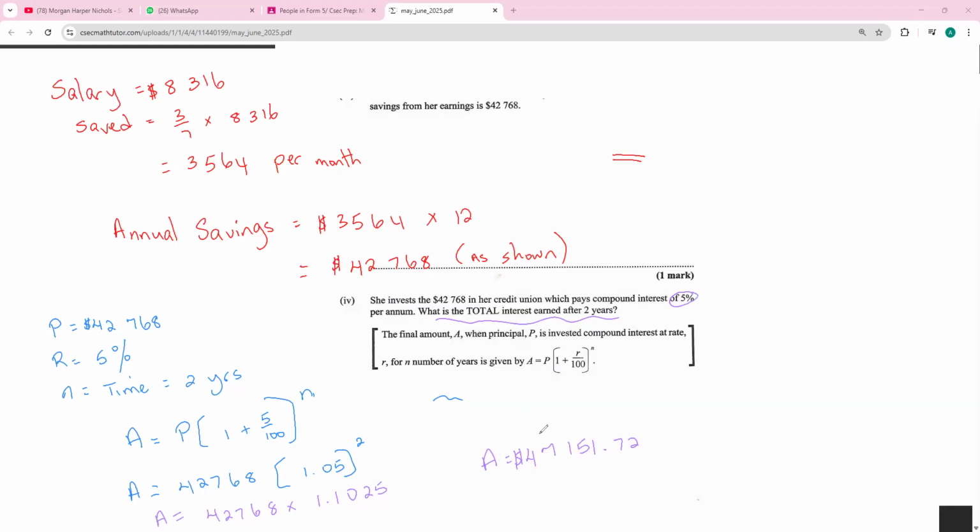So what happened in this question so far, we know that the amount of money that was put in was $42,768. And at the end of the 2 years, the amount of money she will be taking out or getting back is $47,151.72.